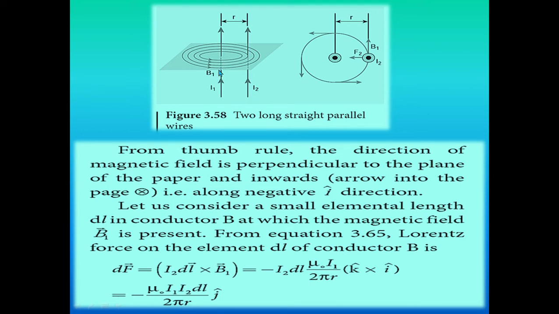So the magnetic field B1 is due to the current I2. Listen carefully, children.